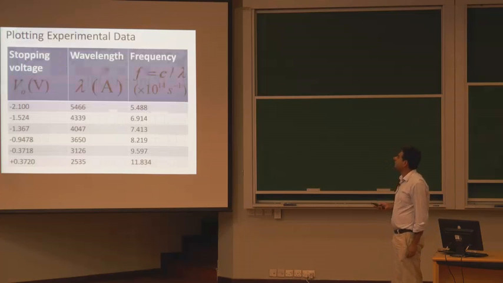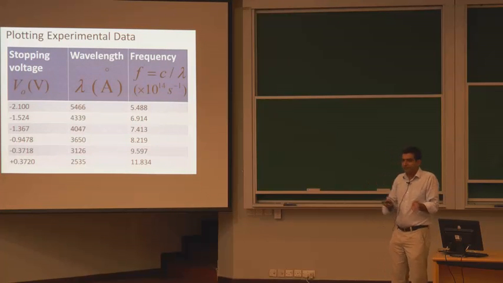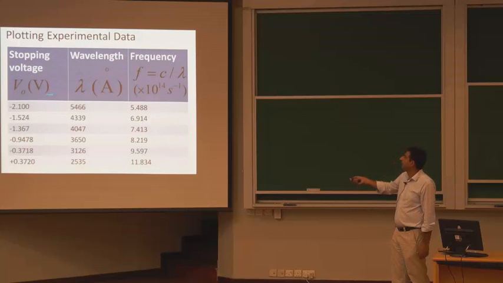Now let's move back to Millikan's original experiment. So I took one data set from his 1917 paper and I just reproduced the results that Millikan produced in the form of a table. Here is the stopping voltage, here is the wavelength in angstroms. I convert this wavelength into frequency by this formula.